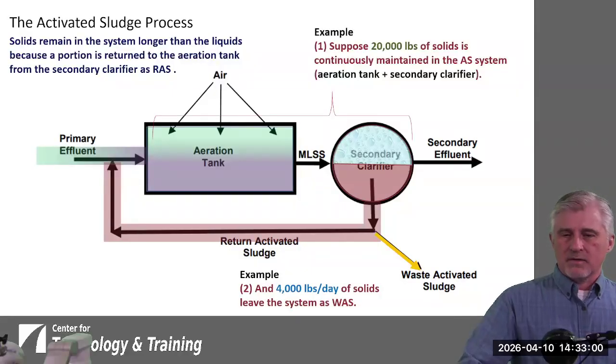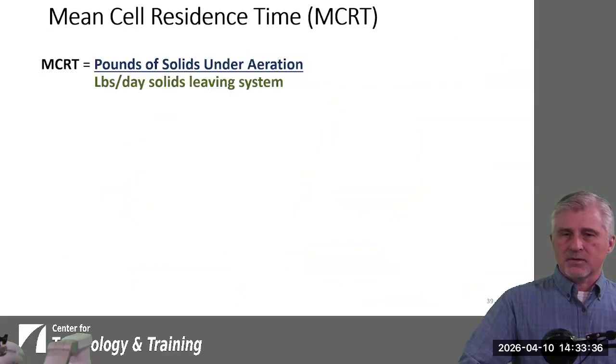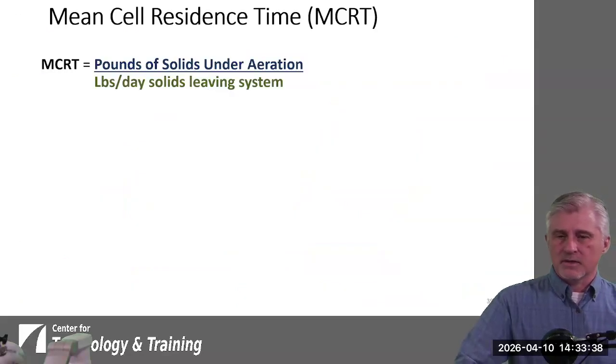So the average time that the solids remain in the system, or the mean cell residence time, is the weight of the solids in the system divided by the solids that we're taking out, or the waste activated sludge. So that's the 20,000 pounds divided by these 4,000 pounds per day, and that gives us 5 days. So that means those solids are sticking around for 5 days in that scenario.